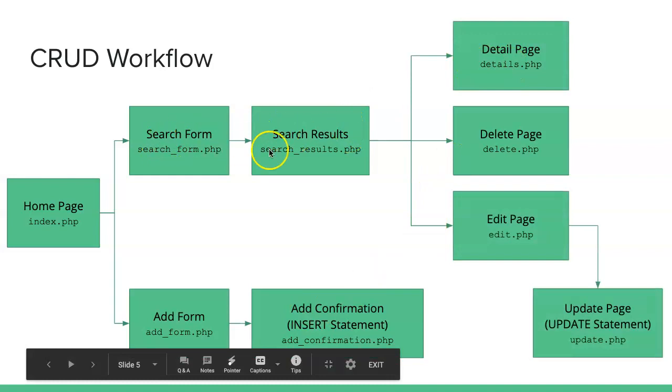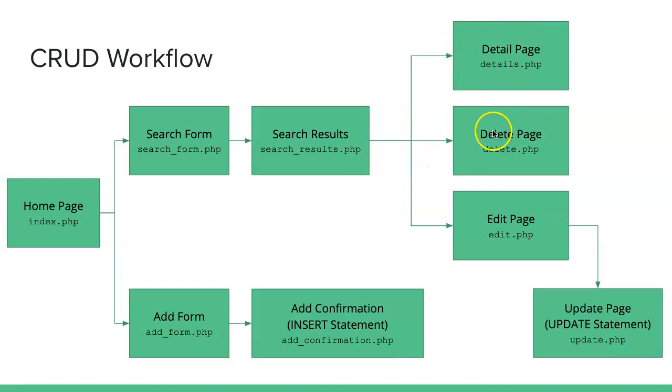So when we're searching, we can see the details. We're going to be able to delete things from the search page. We're going to be able to edit the search results as well. So this is the workflow I'm working off of. There are a lot of different ways you can do this, but I think this is very typical, probably the basic way to organize your workflow.